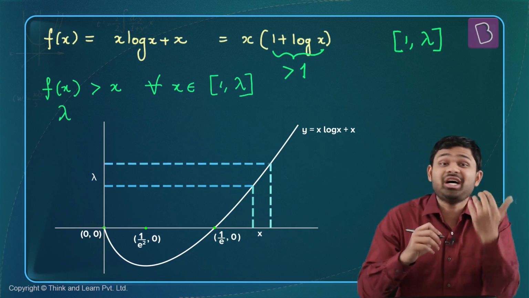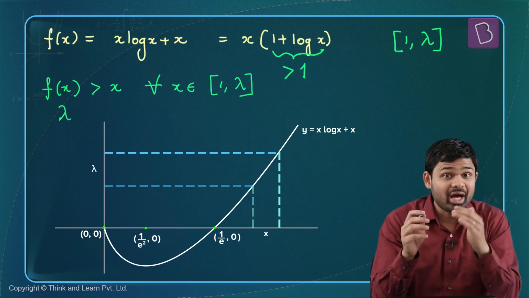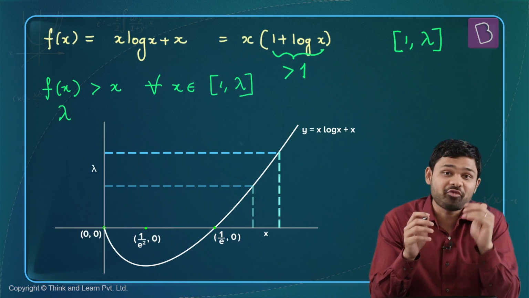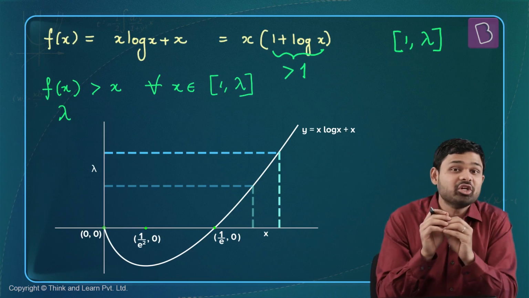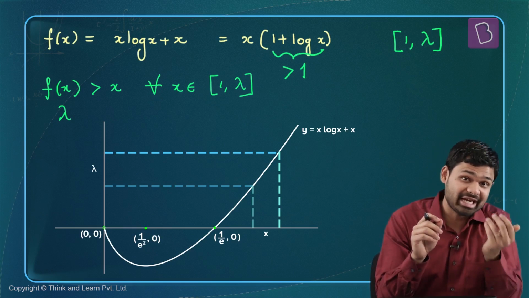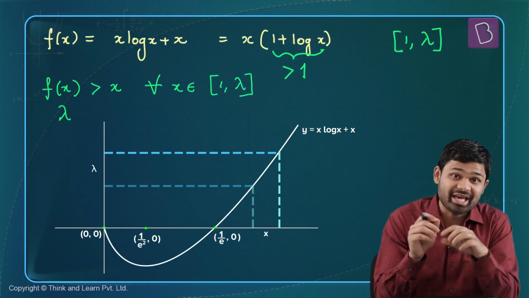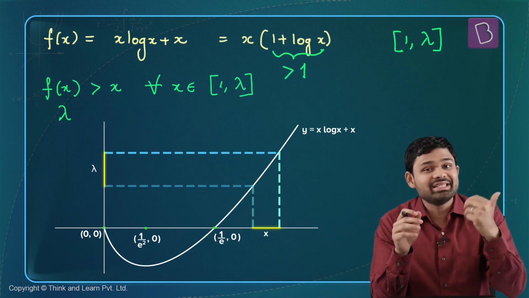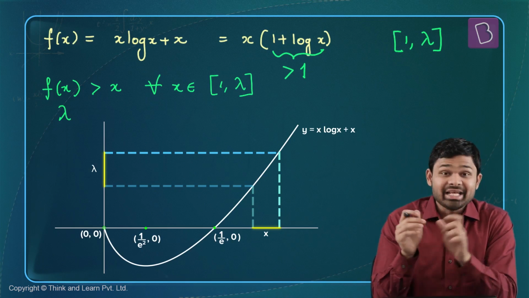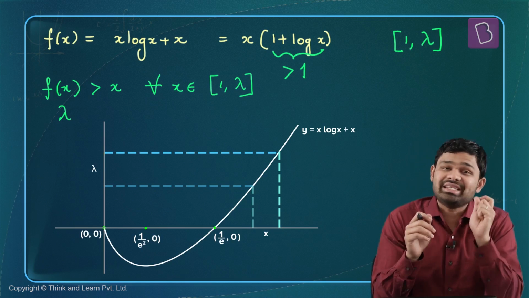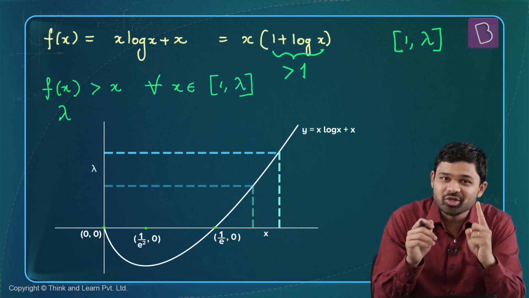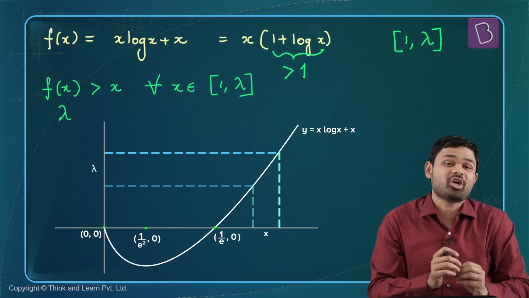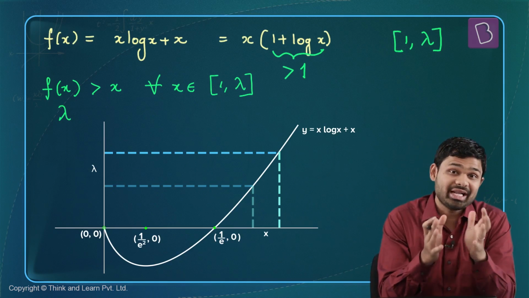Lambda grows faster than x, correct? So if you take a value of x and input into this function, you will see that f of x is greater than that value of x, or lambda is greater than that value of x. So if lambda is greater than that value of x, then f of x will definitely have one root in 1 comma lambda. So this is how you are going to analyze this.